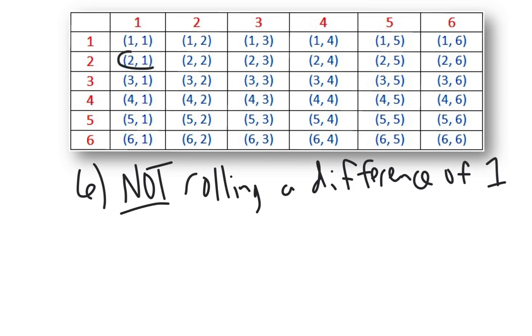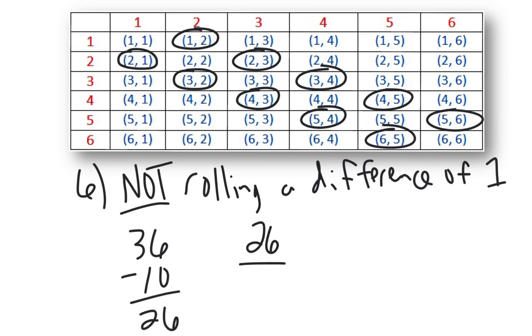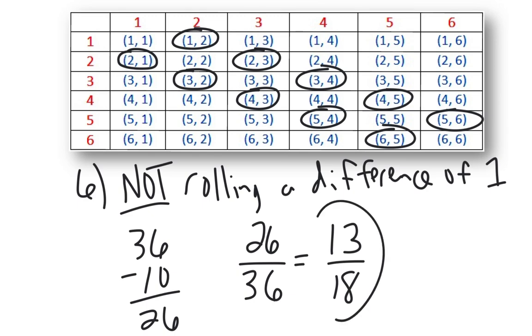So difference of 1, we've got 2 and 1, 3 and 2, 4 and 3, 5 and 4, 6 and 5, 5 and 6, 4 and 5, 3 and 4, 2 and 3, 1 and 2. So that's 10. If there's 10 that have a difference of 1, and there's 36 total, that means the other 26 are not a difference of 1. So 26 out of 36, or 13/18 if we reduce that.